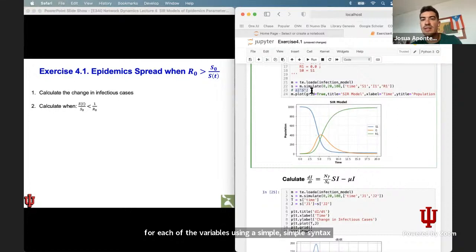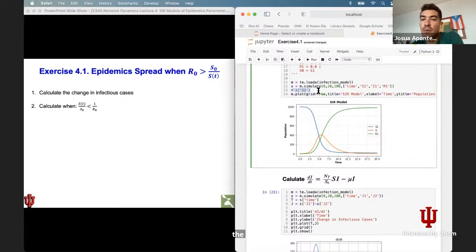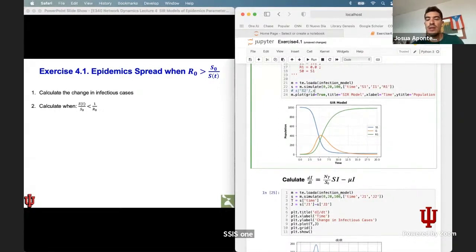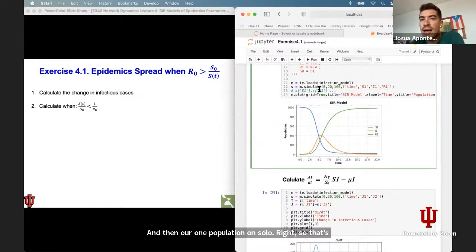So that's gonna give me, well, in this case it has to be S1, right? That's gonna give me the time series of the S1 population, and then R1 population, and so on. So that's just a useful handle to reference each of the time series that are plotted here.